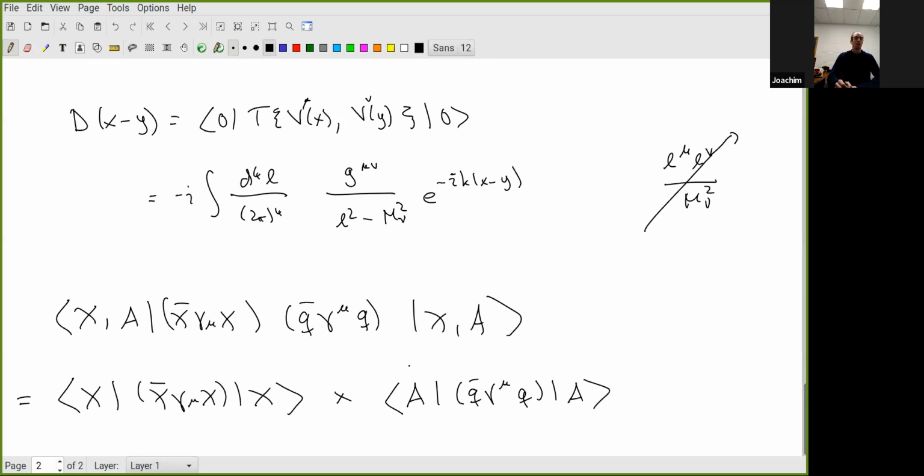It factorizes in this way because there are no interactions between the two once we take into account this vector interaction.